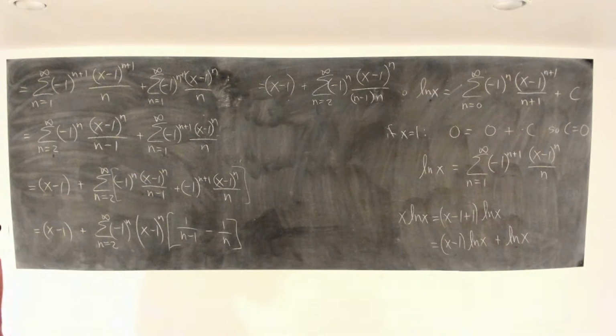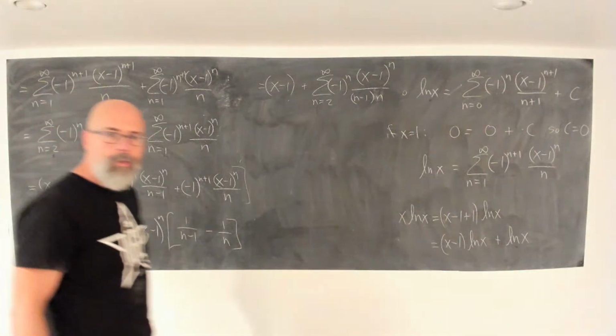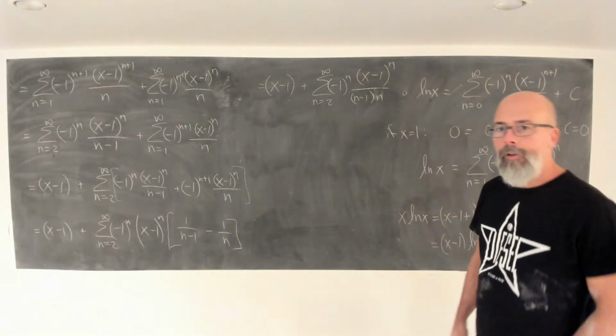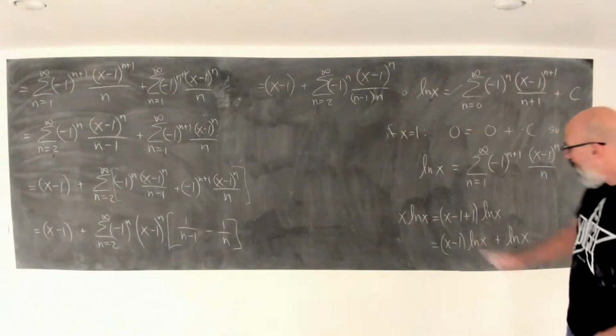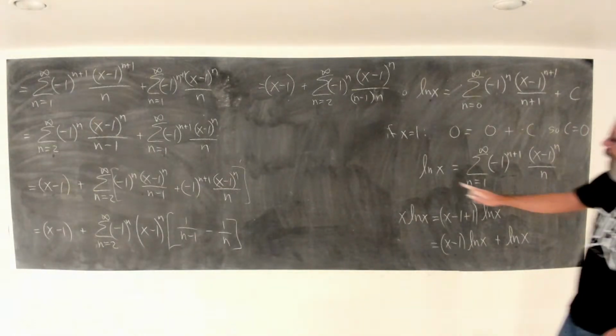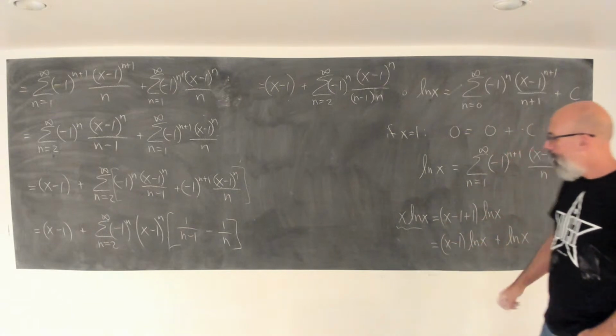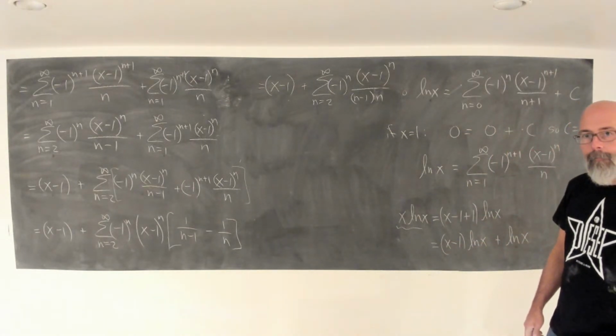Can you do it the normal way, finding the derivatives and so on? Well, I mean, I'll invite you to do that. Do it. Why did we do this? Well, I mean, you wanted the series for x ln x.